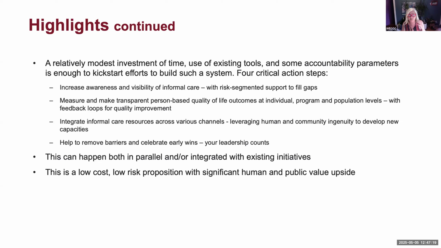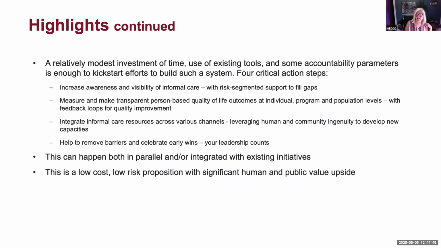And for that, we need to increase awareness and visibility of that informal care network to make that part of people's actions. To measure and make transparent person-based quality of life outcomes at multiple levels, at client, at organization, at community, at system and population levels, all with those feedback loops for quality improvement.